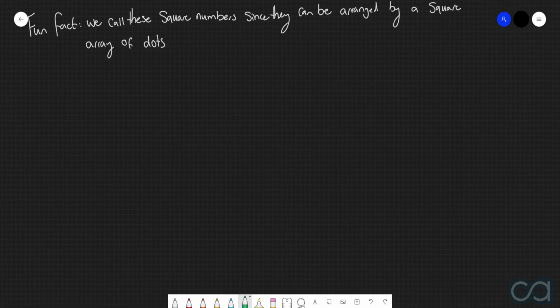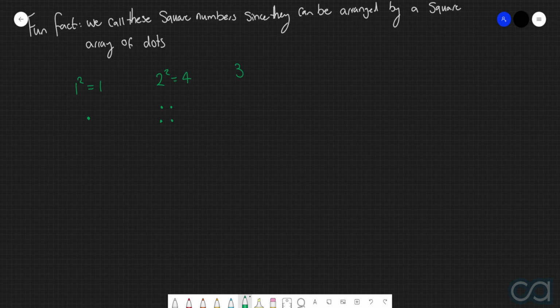So just as a very quick example, if we first of all consider 1 squared, this is of course equal to 1, which can be represented by a single dot. What about 2 squared? We have 2 squared is equal to 4, and we can represent this by a square, which has 2 dots by 2 dots.